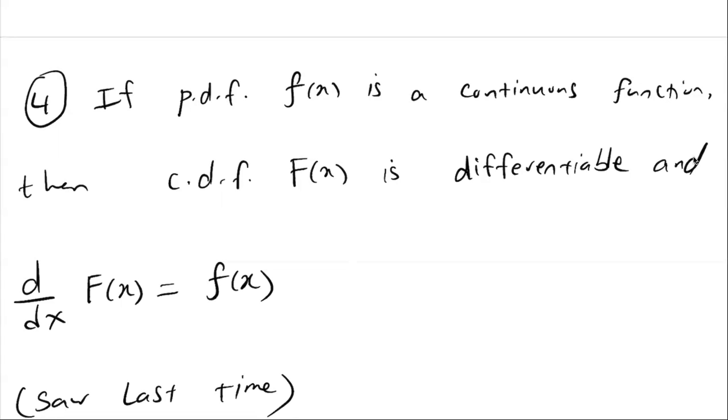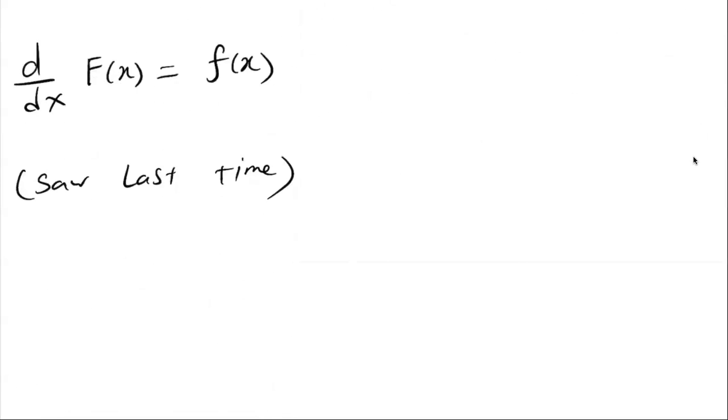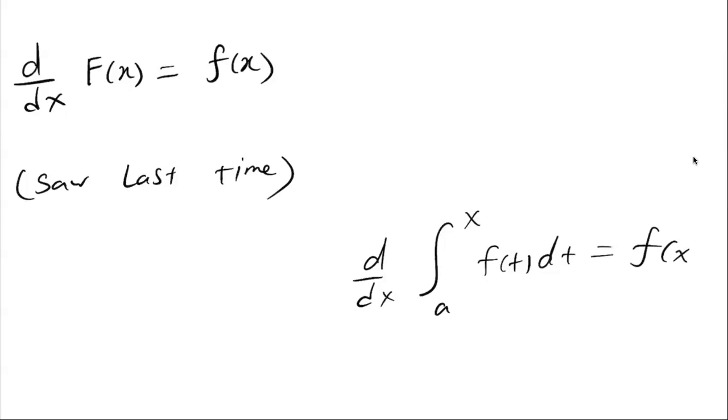And we know that the area function is differentiable and the derivative of the area function is the original function small f, as long as the original function is continuous. So in Math 114, you wrote this as d/dx of the integral from a to x of f of t dt equals f of x.